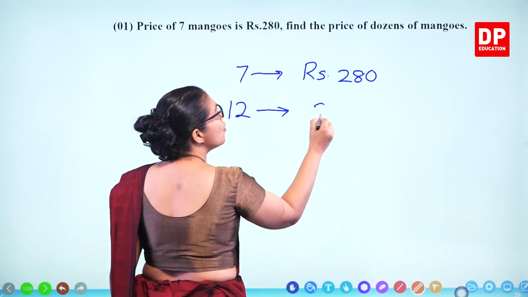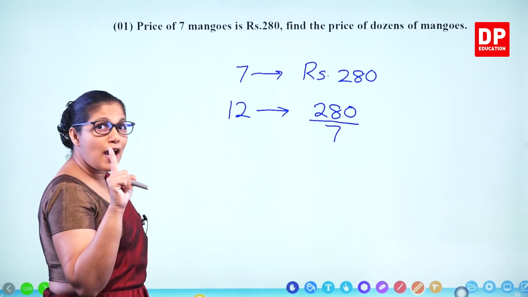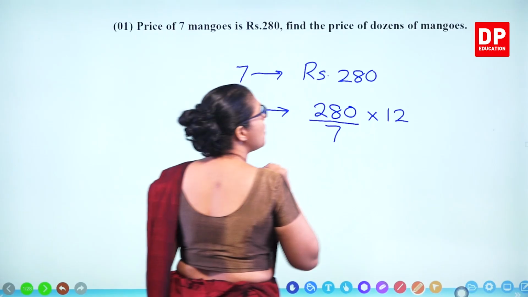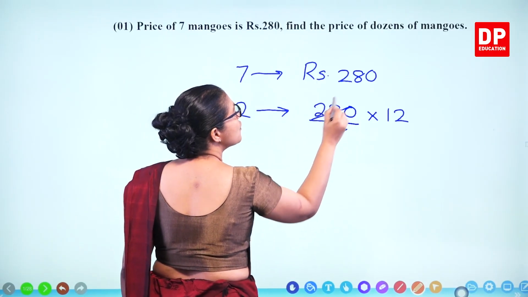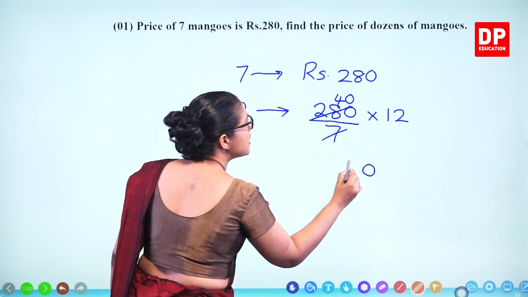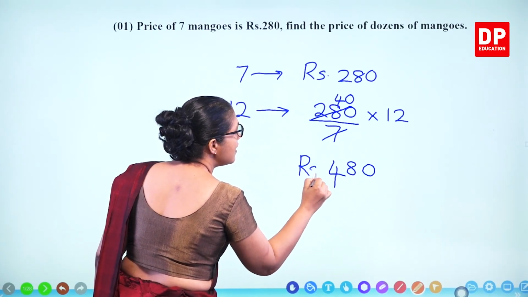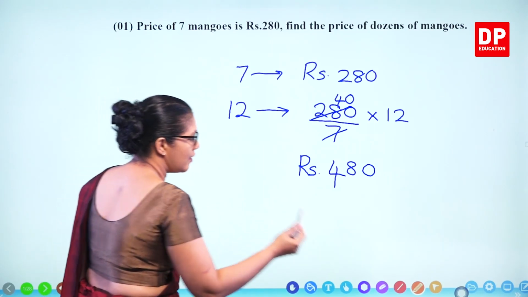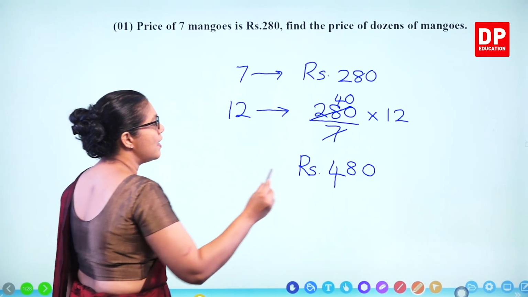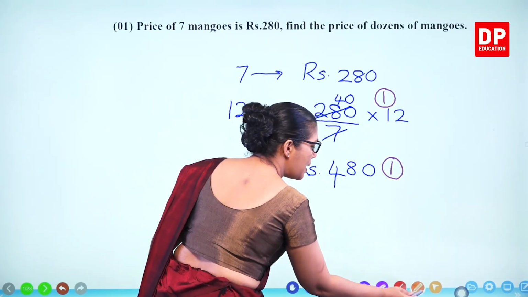You take 280, divide by 7 to find the price of 1 mango, and multiply it by 12. 7 times 4 is 28, so 40. Now multiply by 12: 480 rupees. Always you get 2 marks for short questions, 1 mark for the answer and 1 mark for the method.